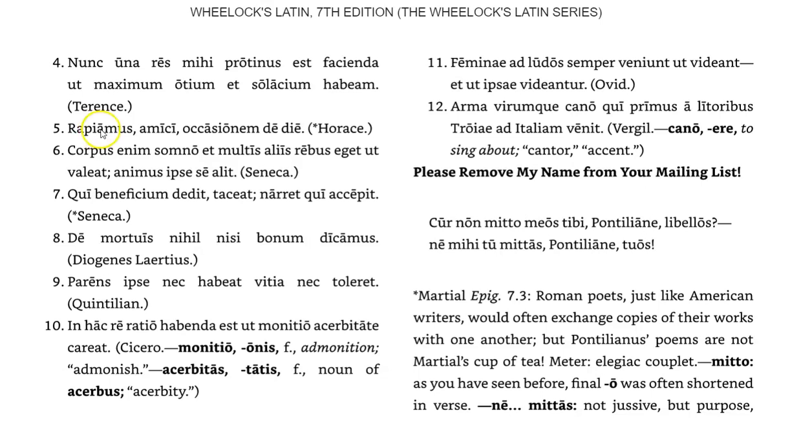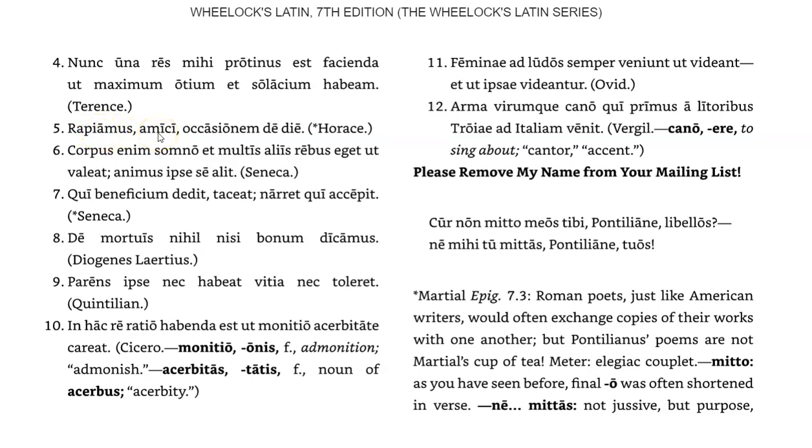So that's why we have the IA here. So let us take, my friends, or let us take, friends, the occasion from the day. So this one's a lot easier than I sort of bumbled in my explanation, but just let us take, because we have the first person plural subjunctive.